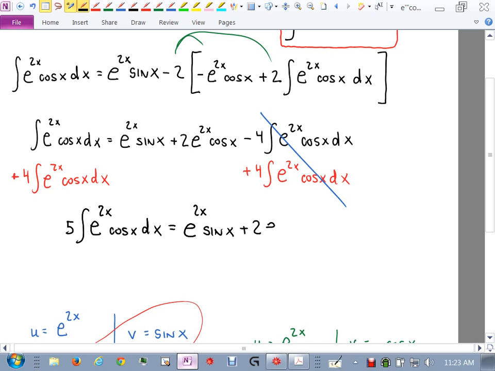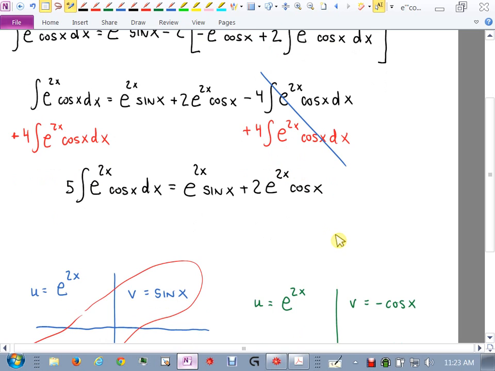You don't have an integral. There's one more step. Get rid of this 5, right? Because we wanted to know what this integral was, not what five of those integrals are. So how do we get rid of the 5 here? Divide everything by 5 on both sides of the equation. So we are at our answer.